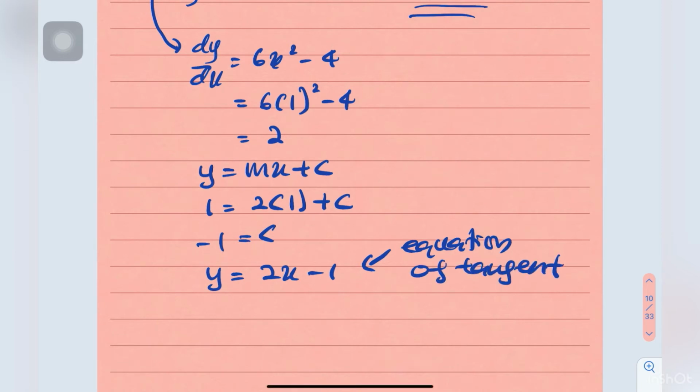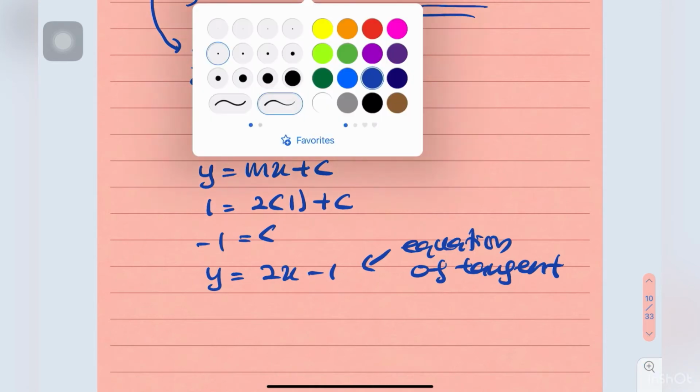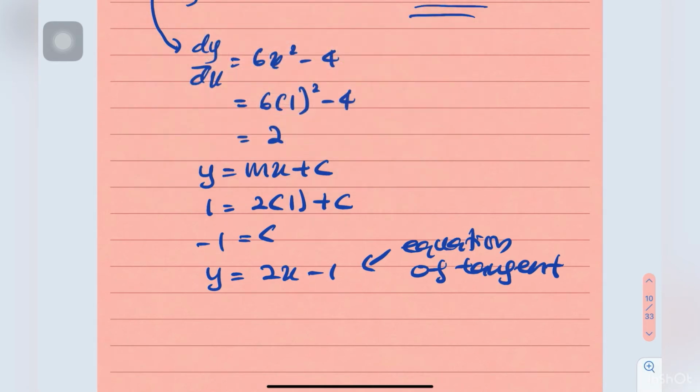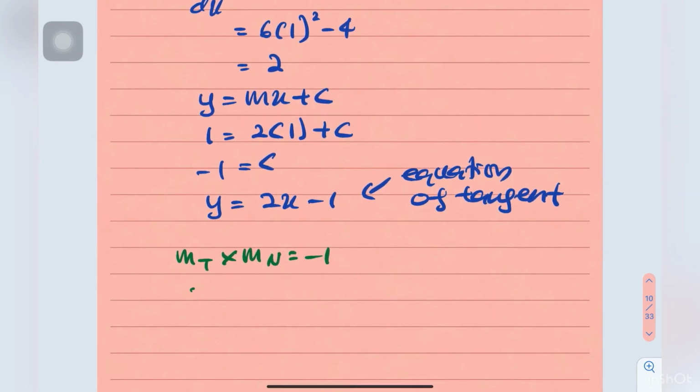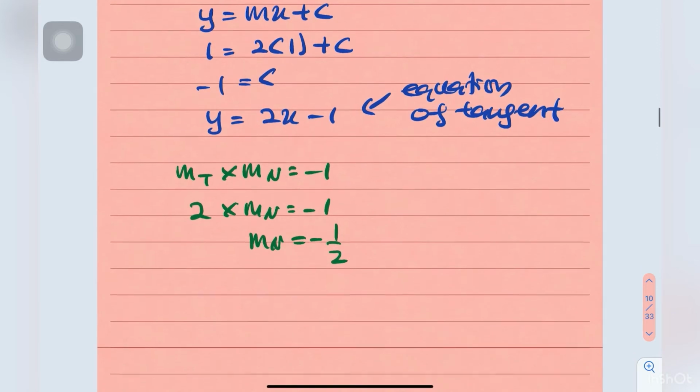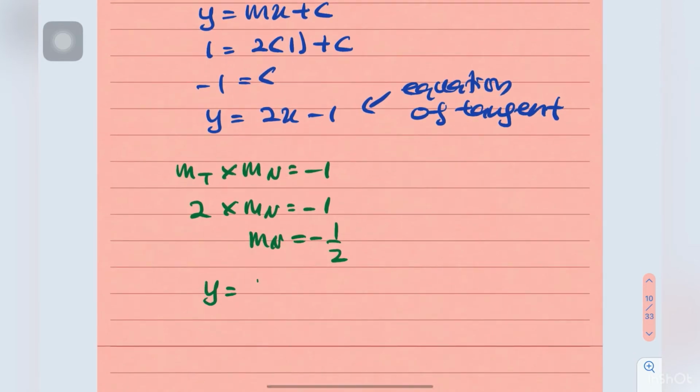Okay, so next equation of normal, find gradient of normal first. Gradient of tangent times gradient of normal is negative 1. So gradient of tangent is 2, times gradient of normal is negative 1. Gradient of normal is negative 1 over 2. Substitute into y equals to mx plus c.